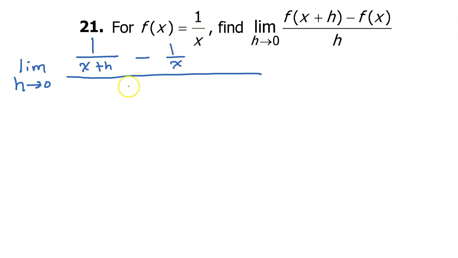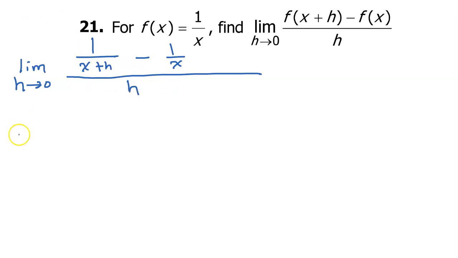All over h. So this is going to go very quickly because it's so similar to what we did on the last problem. So I am going to take this h and I'm going to use it to divide both of these fractions separately. So watch for this h to show up in the denominator of each of these fractions on the next step.